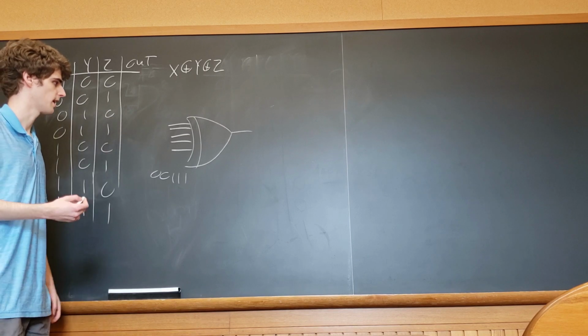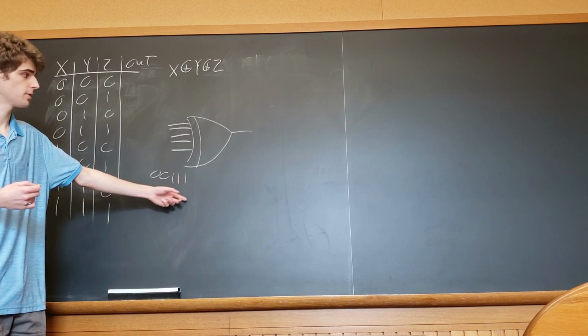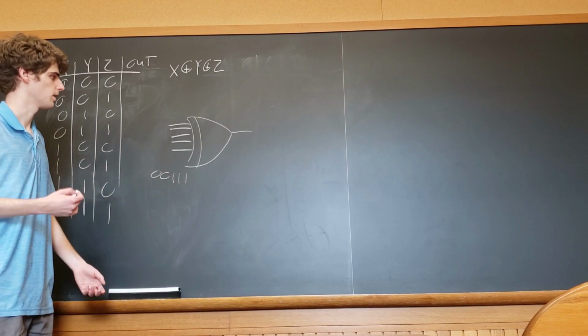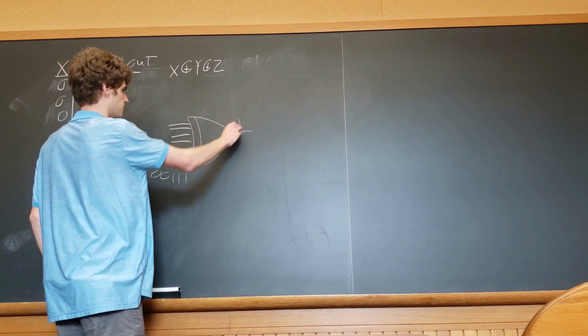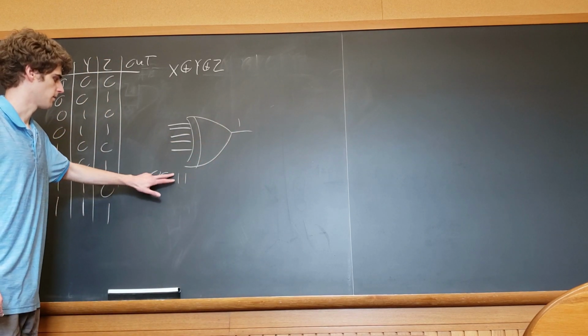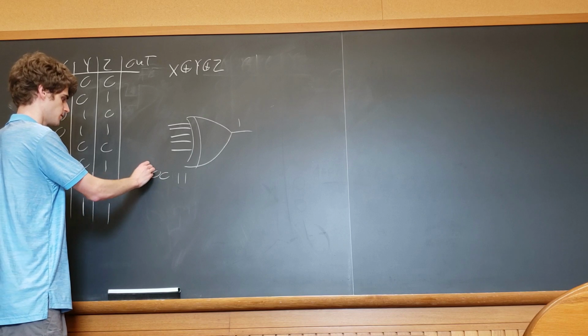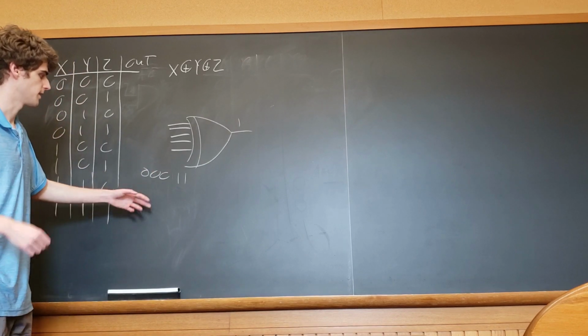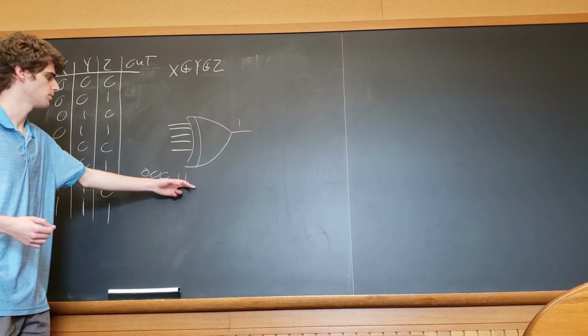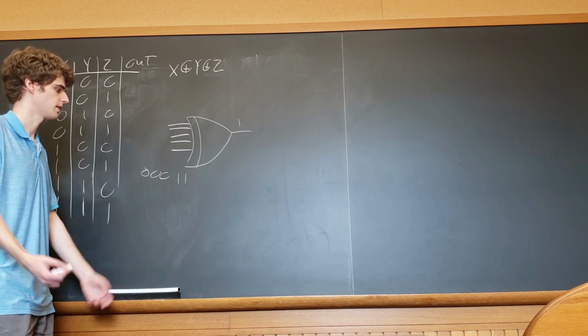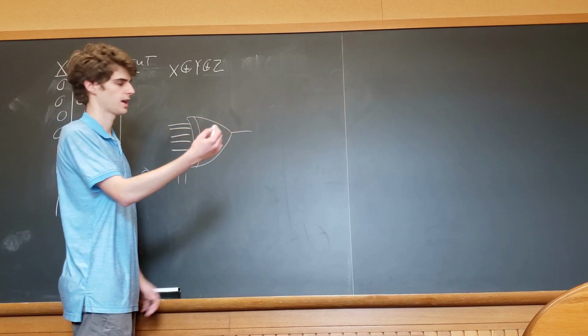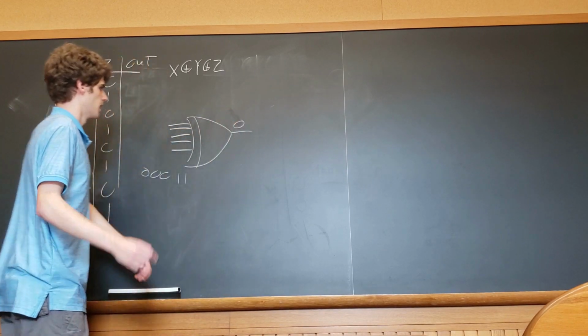Therefore, since we have an odd number of inputs that are true, the XOR gate will output a 1. And if I were to get rid of this 1 and change it to a 0, I still have 5 inputs, and I have 2 that are true. 2 is an even number, so the XOR gate would output a 0.